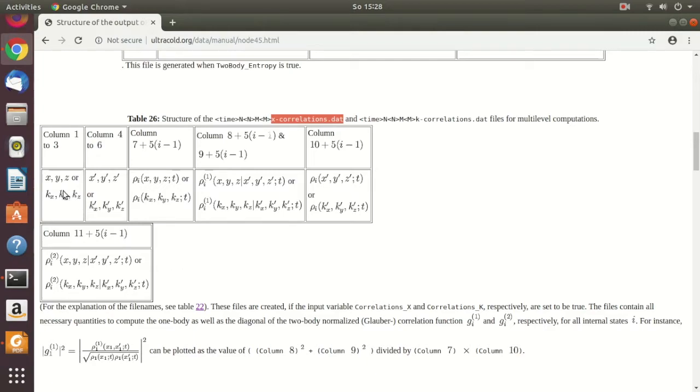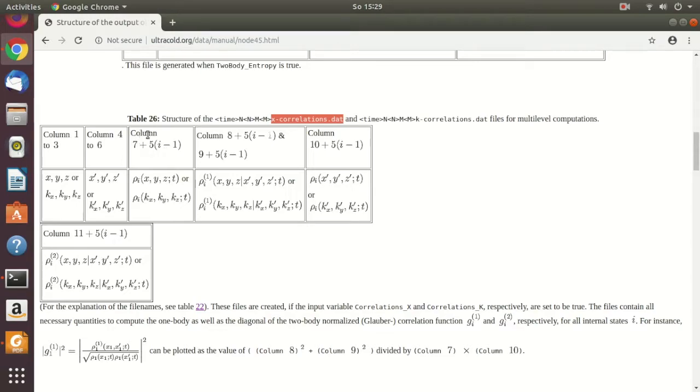The position x can be found in column 1, and the position x prime can be found in column 4. And then at column 7, we have i equals 1.